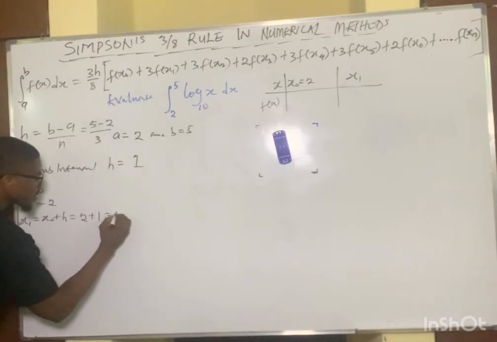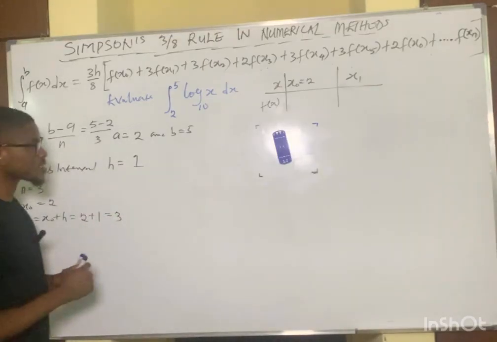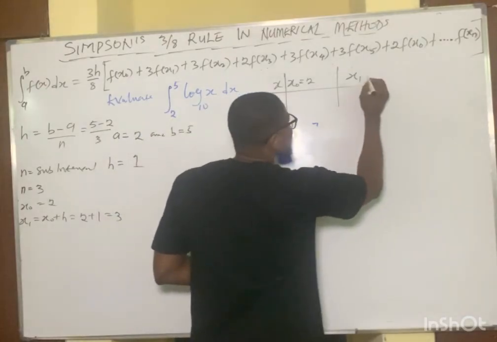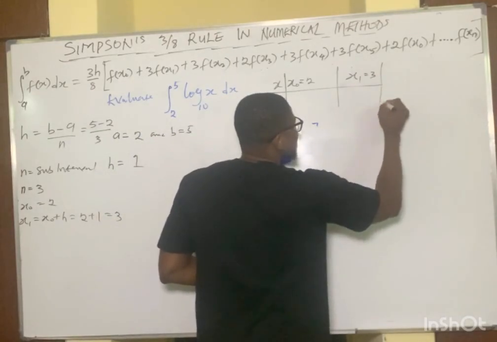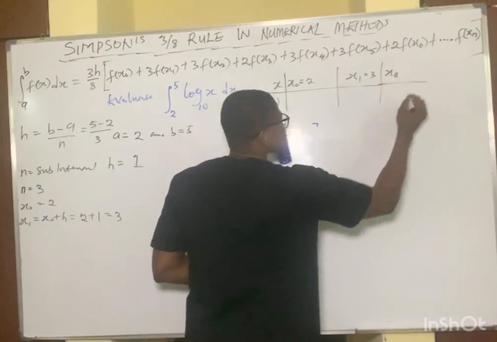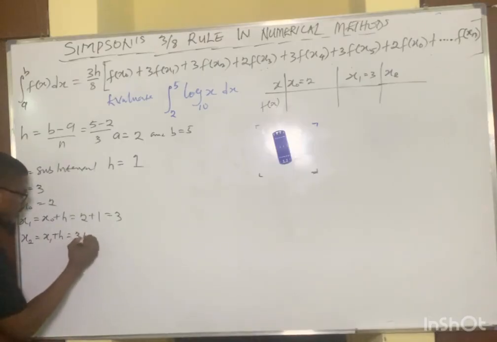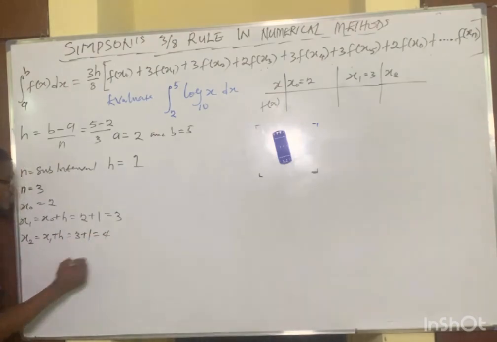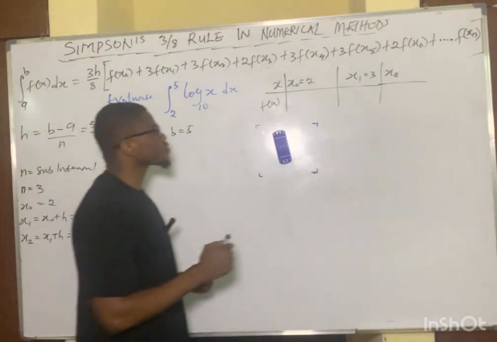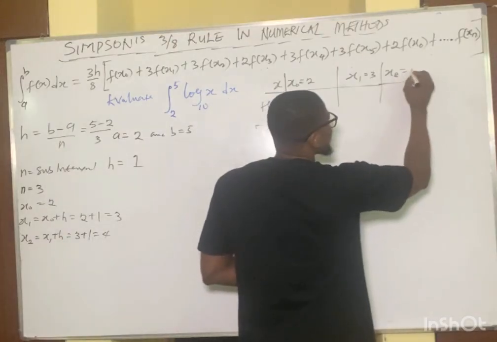So 2 plus 1 equals 3, so our x1 is equal to 3. Next, we find x2. x2 becomes x1 plus h, which is 3 plus 1, and that's equal to 4. So our x2 is 4.